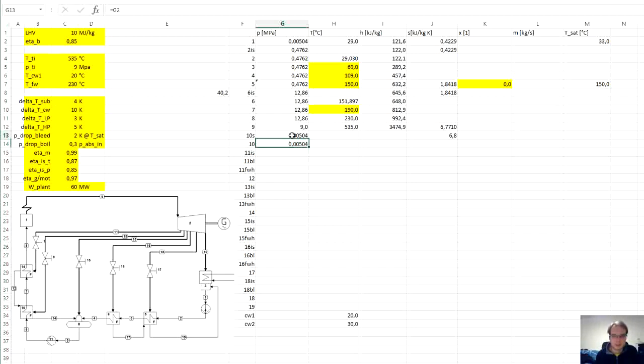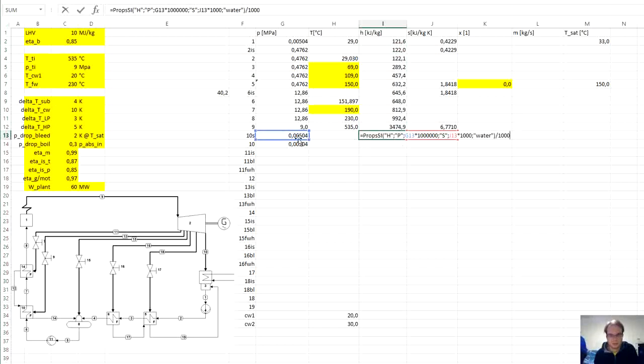So we have pressure, we have entropy, same thing that we did with the pumps, get the isentropic enthalpy from this pressure, from this entropy.